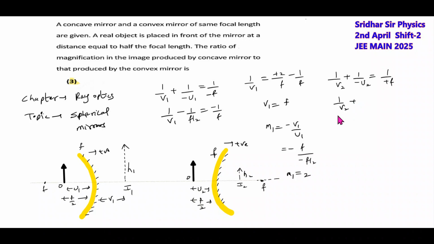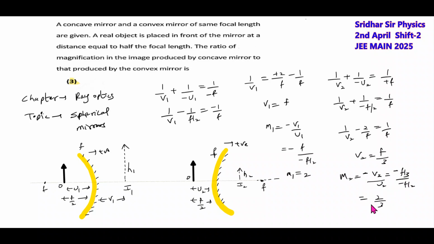So 1 by v2 equals this, so v2 will be f by 3. Then magnification m2 equals minus of v2 by u2. v2 will be f by 3, this will be minus f by 2, so 2 by 3. It's asking the ratio of magnification m1 by m2.